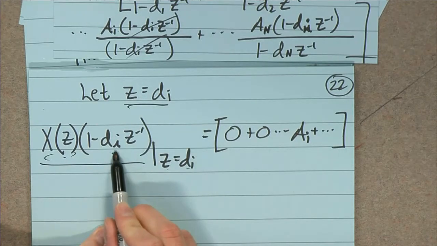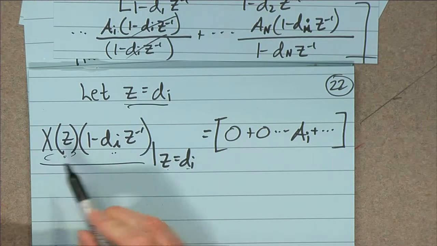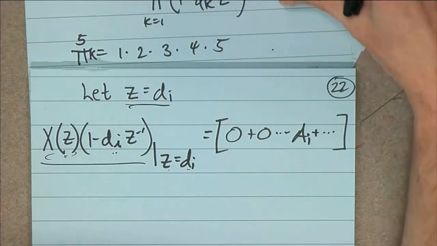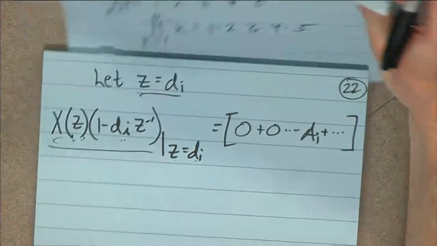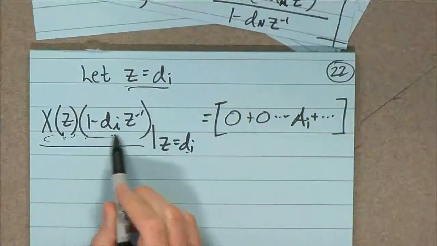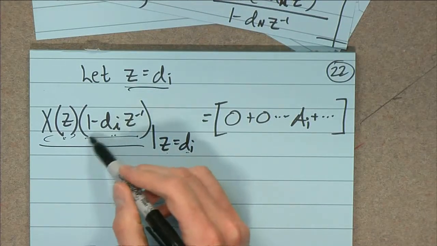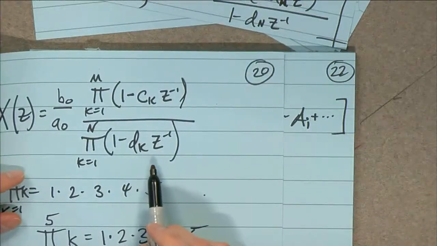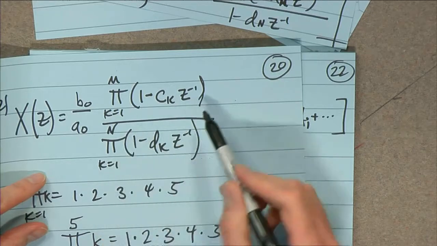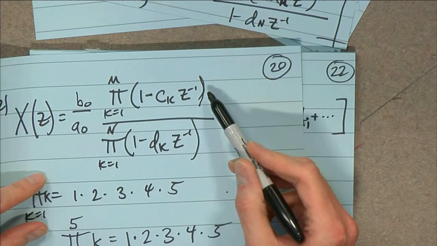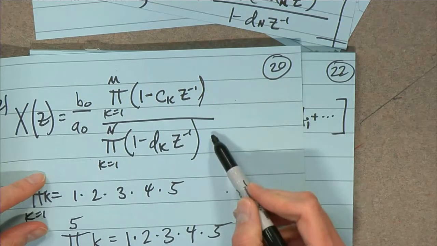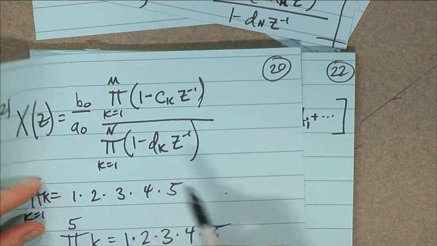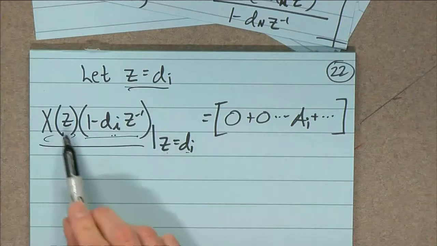Remember, this is a pole, so there is a part of x of z that has 1 minus d sub i as part of it. And so this annihilates with some part of x of z. And why is that? Because our whole premise was that x of z can be written as a product of polynomials in z over another product. So down here somewhere is a 1 minus d sub i z inverse, which will then cancel with this one, so this whole thing doesn't disappear.